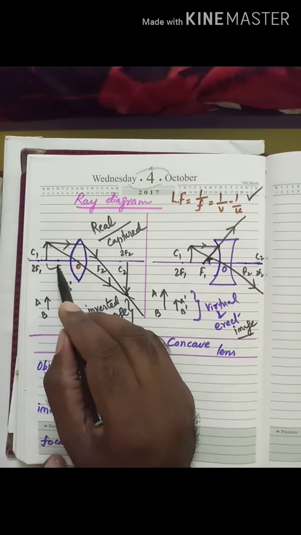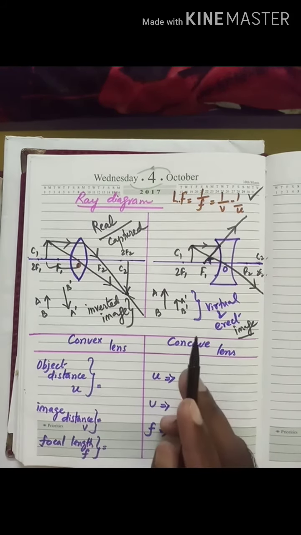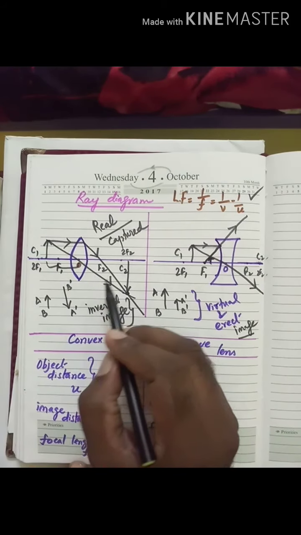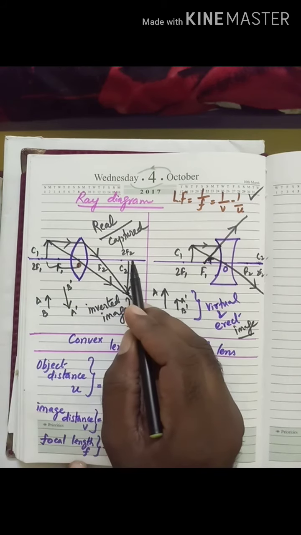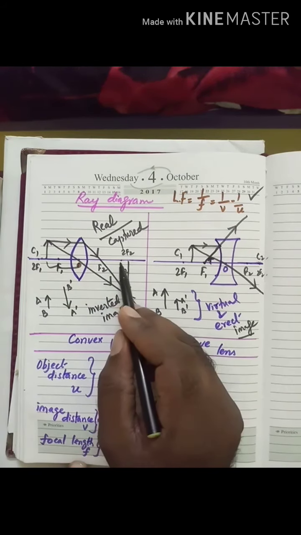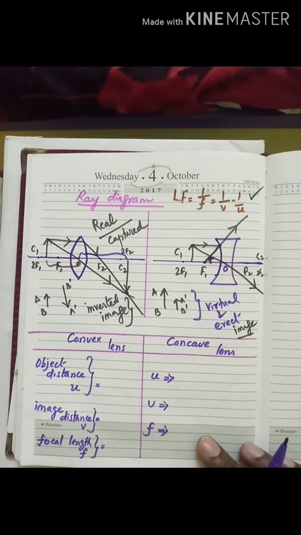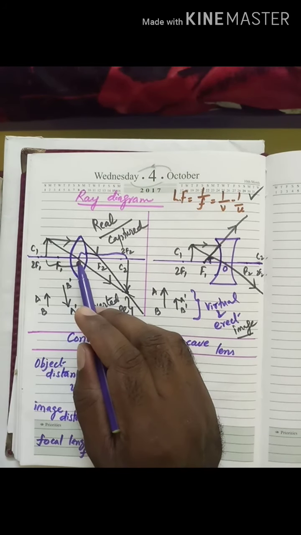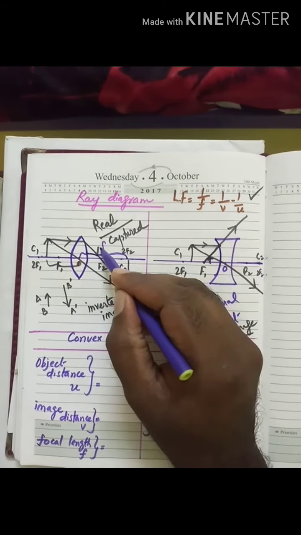This distance is always considered as u in both lenses. Where the image is formed is here, from the optic center to here on the right side of the convex lens, this is called the image distance v. The distance between the optic center and the principal focus gives the focal length.